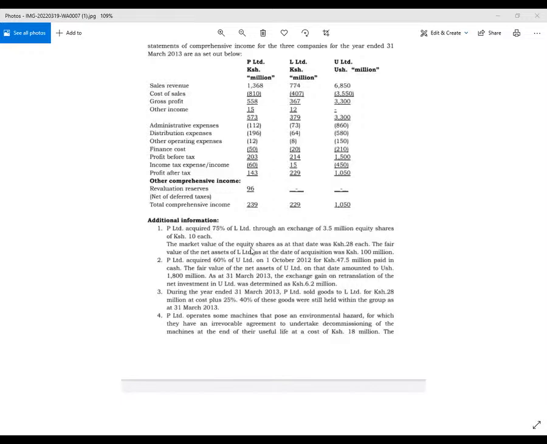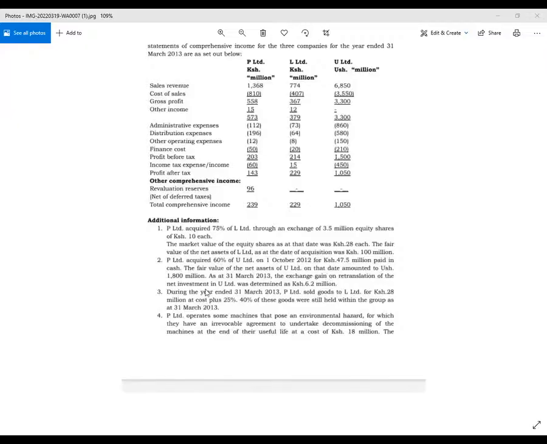The fair value of the net assets of L Limited as at the date of acquisition was Kenya shillings 100 million. P Limited acquired 60% of U Limited on 1st October 2012 for Kenya shillings 47.5 million in cash. The fair value of the net assets of U Limited on that date amounted to Uganda shillings 1,800 million.